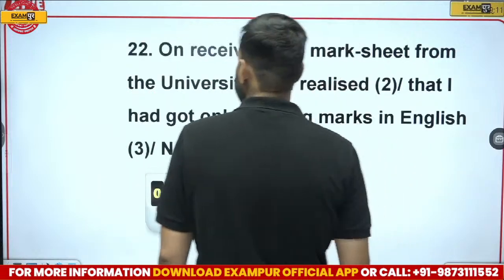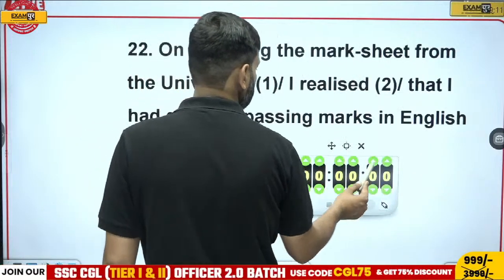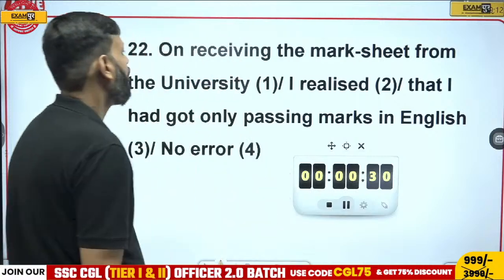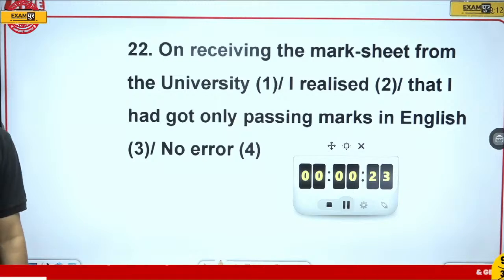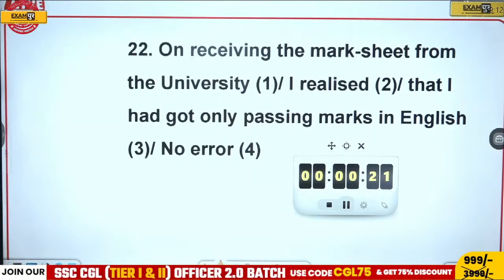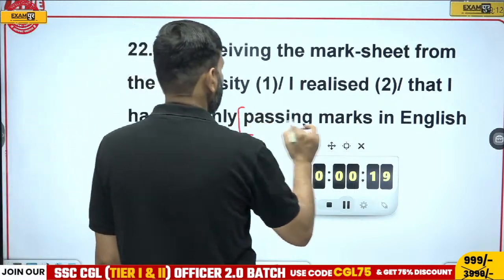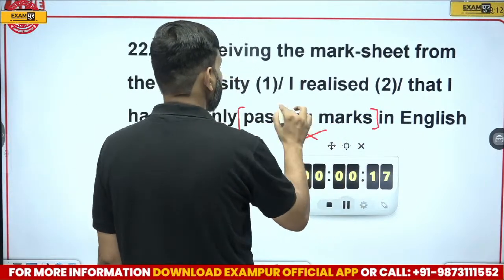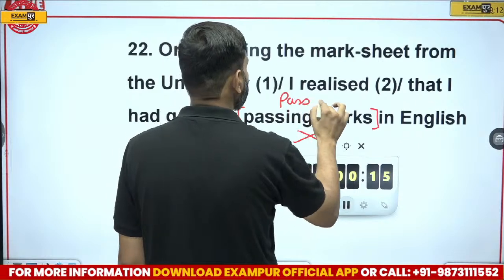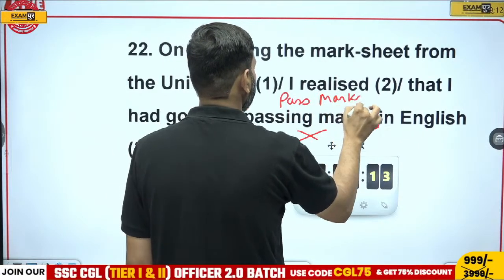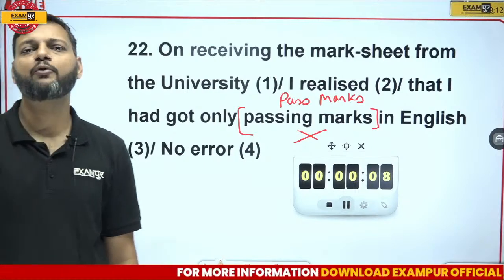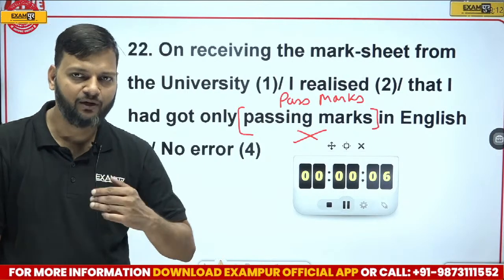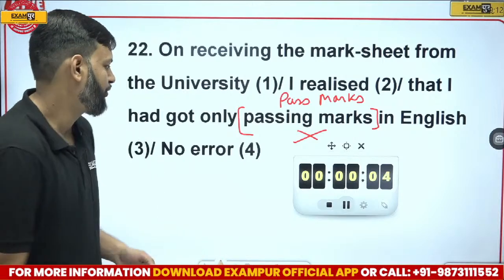Now question number 22. On receiving the mark sheet from the university, I realized that I had got only passing marks in English. See, this is a very easy question. Passing marks is a wrong expression. In place of passing marks, we should write pass marks.